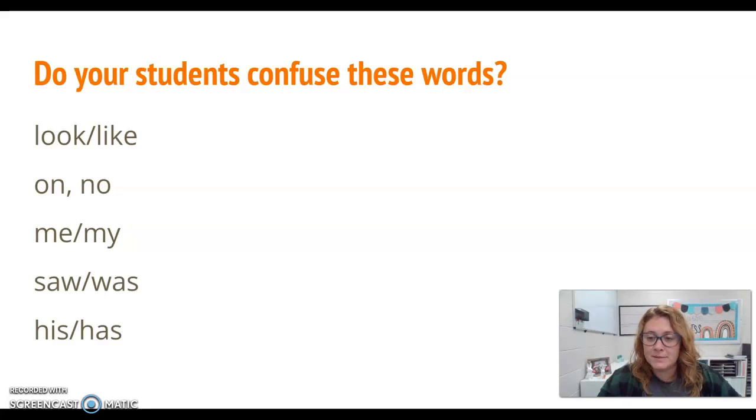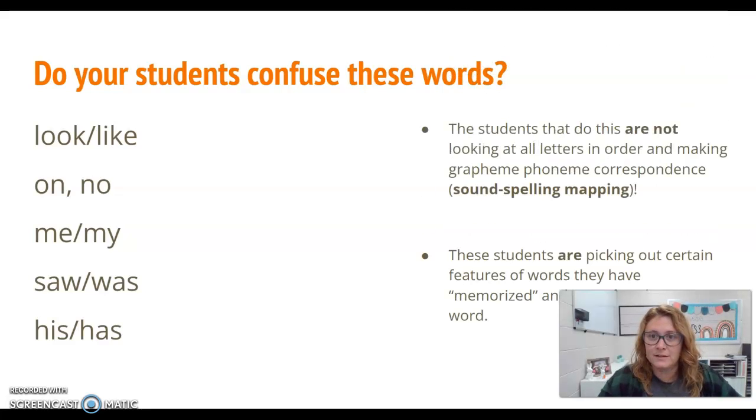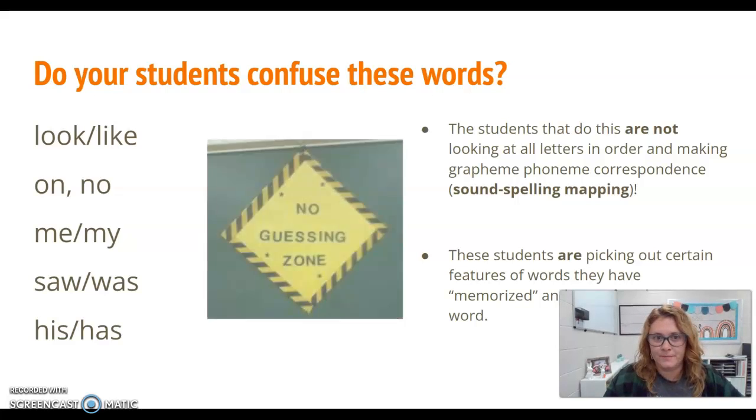Students that are making these mistakes are not looking at all the letters in order and making the grapheme-phoneme correspondence. Students that are making these mistakes are picking out certain features or letters of the word, having memorized the word, and guessing what the correct word is based on the letters that they see, with little regard to the order that the letters are in.